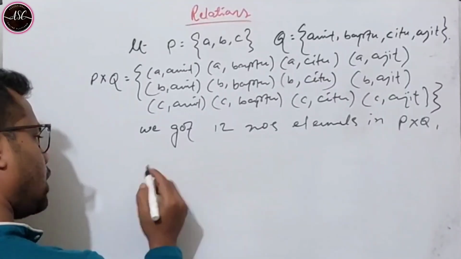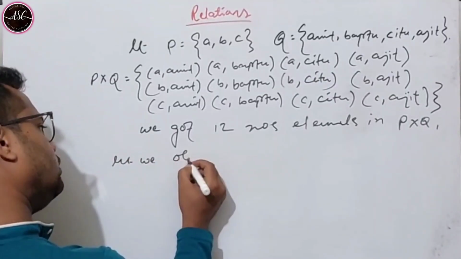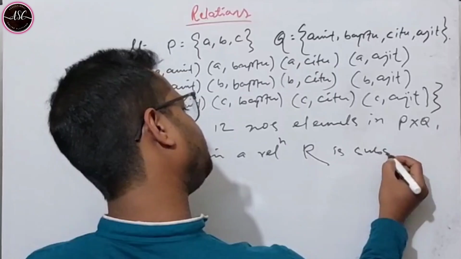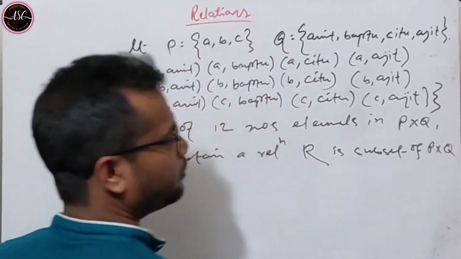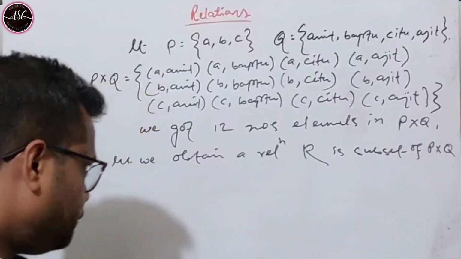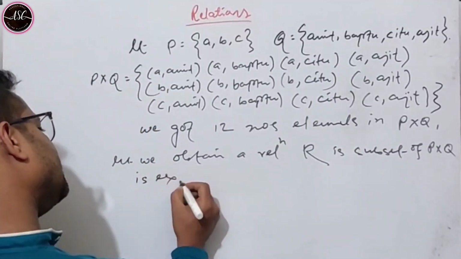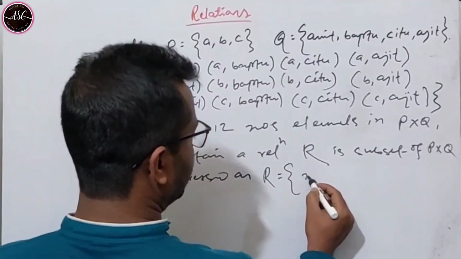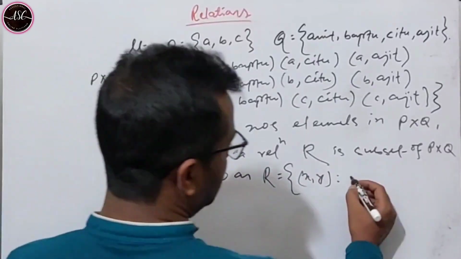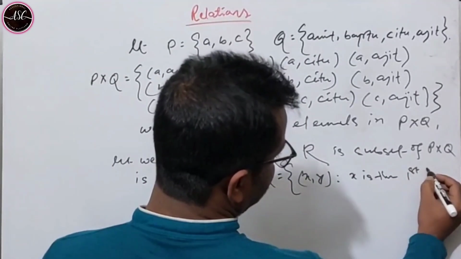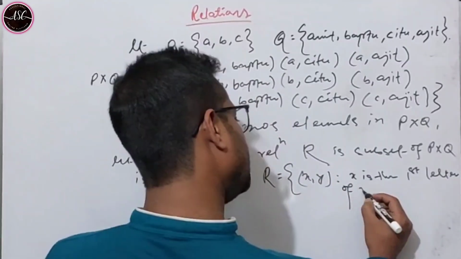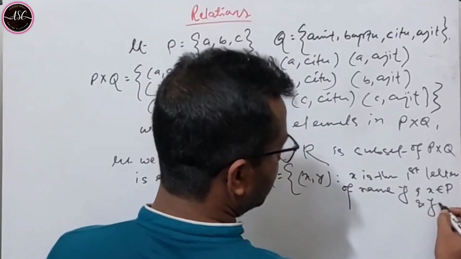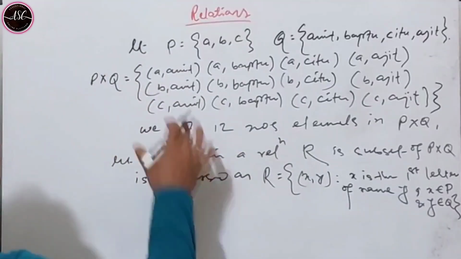From P cross Q, let us obtain a relation R, a subset of P cross Q. As we have seen from the definition, it is expressed as R equals (X, Y) such that X is the first letter of name Y, where X belongs to P and Y belongs to Q. Now look at this.